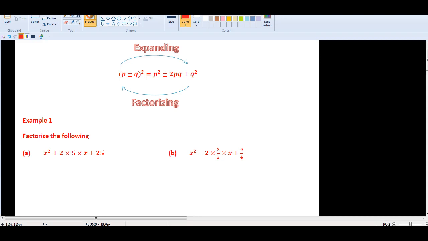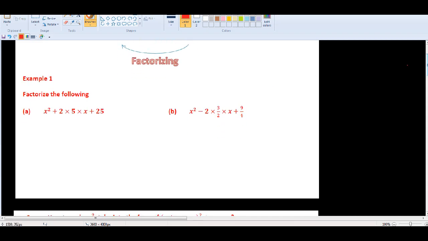For example, if you are asked to factorize three terms, of course we know for terms like this, you can always use the method of decomposition to separate the middle term into two terms, and then you get four terms, and you do the grouping and you factorize.